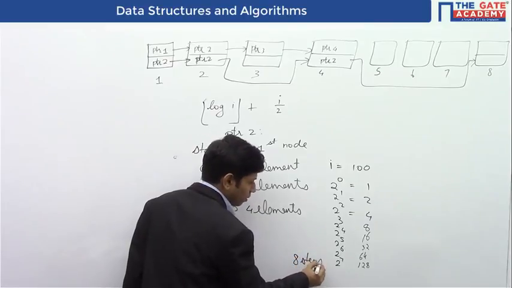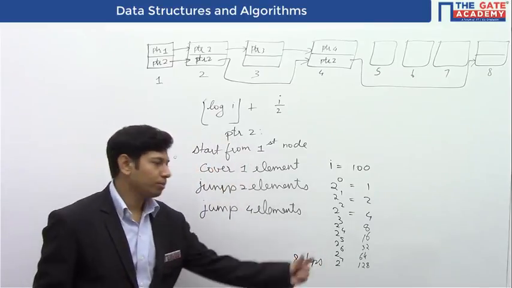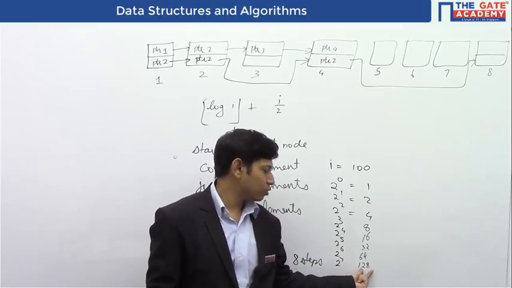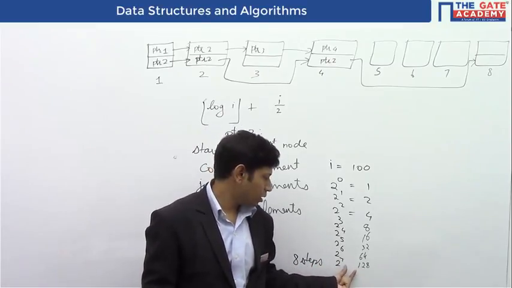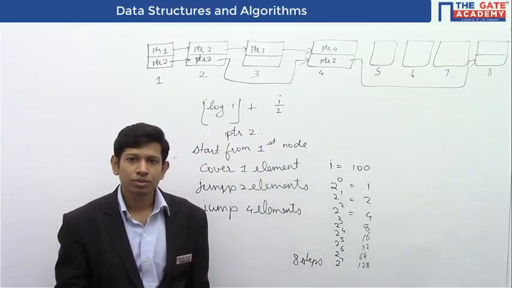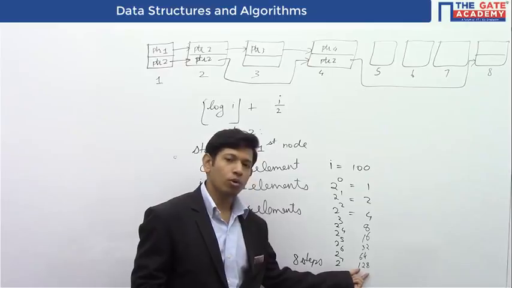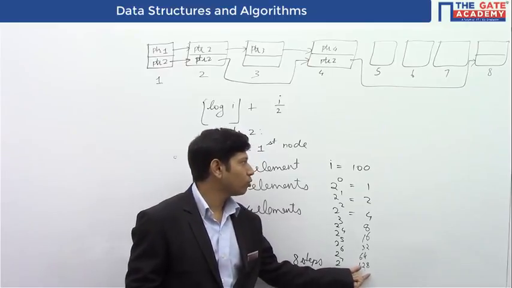From the number of steps that we have made, we can deduce at which node we have reached. We have reached the 128th node. Now we don't have to go to 128, we have to go to 100.